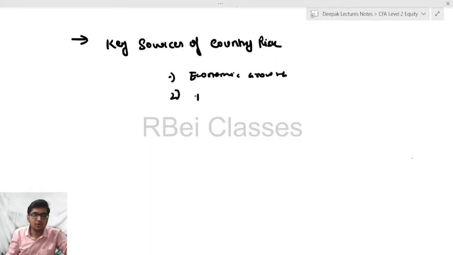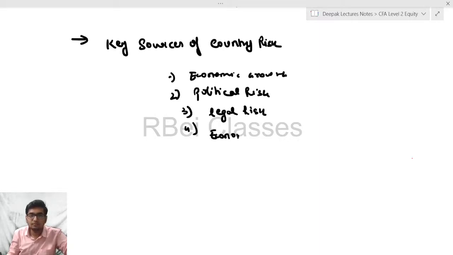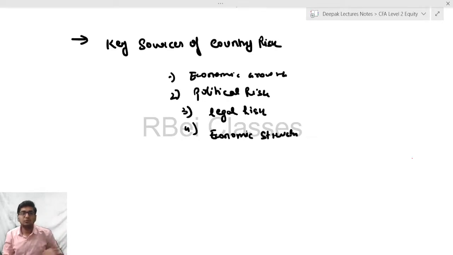Second point: political risk. Third point: legal risk. And the fourth point is economic structure. These are the four key sources of country risk.